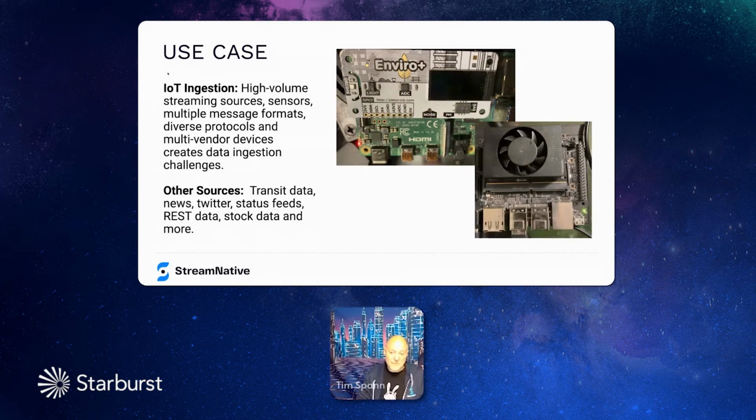IoT is a common one because things in IoT could scale out really large. I might be getting data in from thousands of devices, and whatever you think of as a device, it could be a cloud endpoint, could be logs, could be your smart refrigerator. There's a ton of data out there coming in different formats, maybe different protocols.